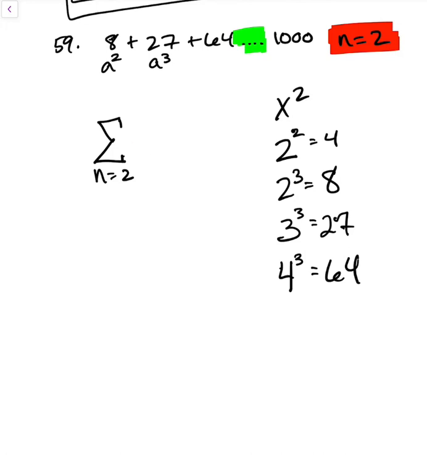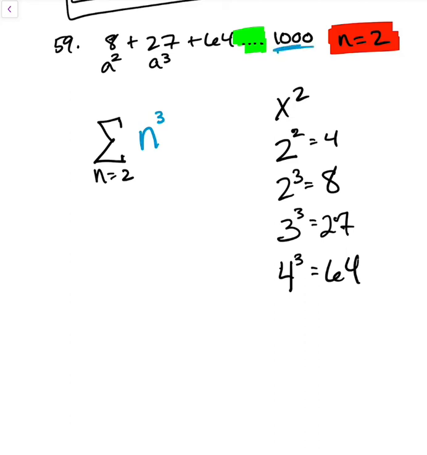So I've just discovered my pattern, and it is, I'll do it in blue, my n term is going to be cubed. That's my formula. So now that I have my formula, can I use that to find out what my upper bound is?